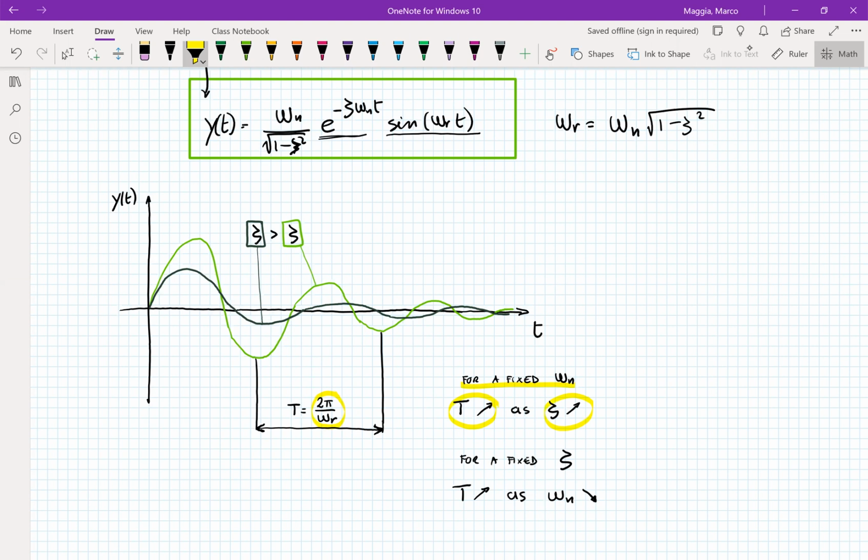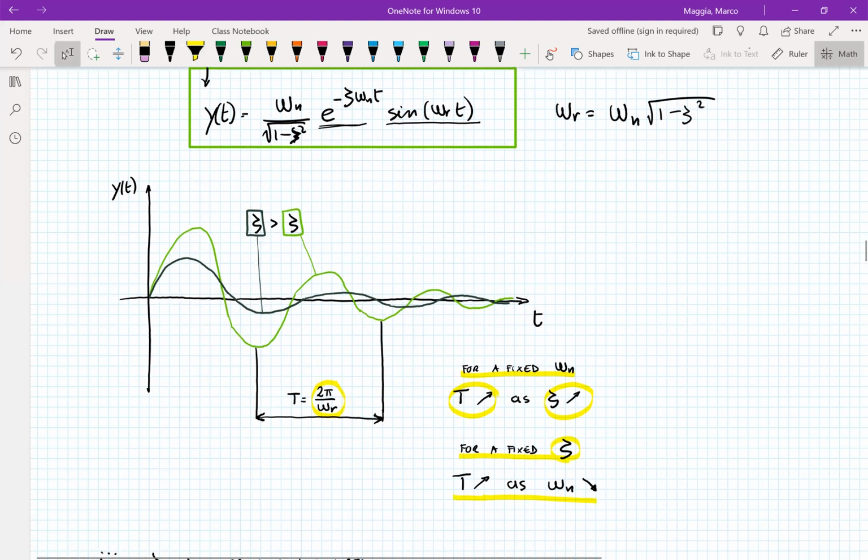Instead, if you were to look at the functions for a fixed damping ratio, then the period would increase as the natural frequency would decrease. Okay, so you can draw as many functions for any values of the damping ratio between 0 and 1. You have infinite values between 0 and 1.